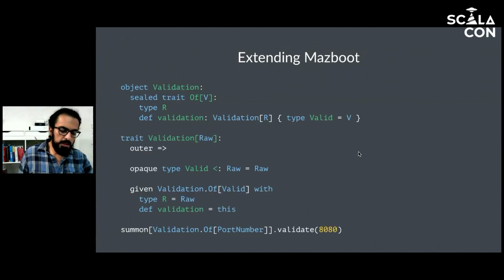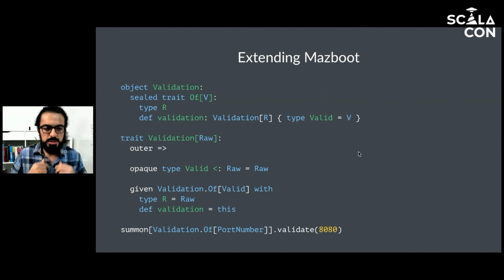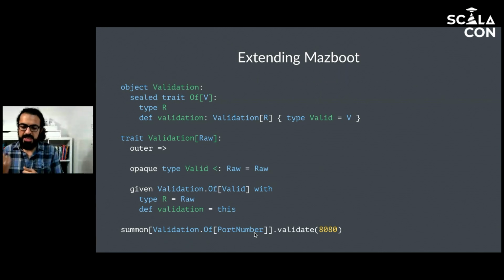Finally, this is the last slide before I start wrapping up: how to extend this library, how to define integration with other libraries. There is a type class called validation of that allows you to jump, here at the bottom line, from a valid type to the actual code that validates it.